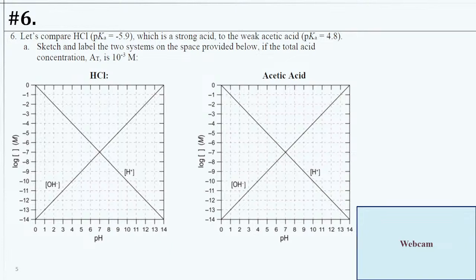Part A says sketch and label 2 systems in the space provided, and the 2 systems are, from the problem, HCl with a pKa of negative 5.9, which is a strong acid, and the weak acid, acetic acid, with a pKa of 4.8. The first mistake a lot of people made is they didn't pick up on the fact that there's a negative here and not here, right?